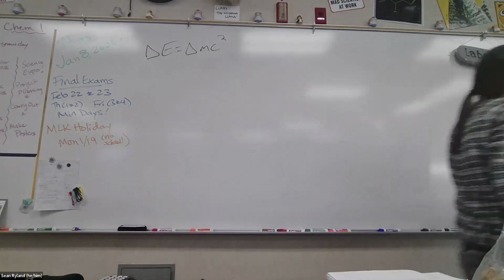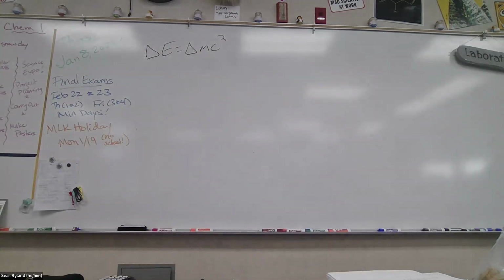So all we need to know is the mass of what we start with and what we end with to a high degree of precision. So basically we need lots of sig figs. But then all we're going to do is plug in our change in mass into this equation to get our change in energy. So this is that reaction I was talking about, uranium-235.